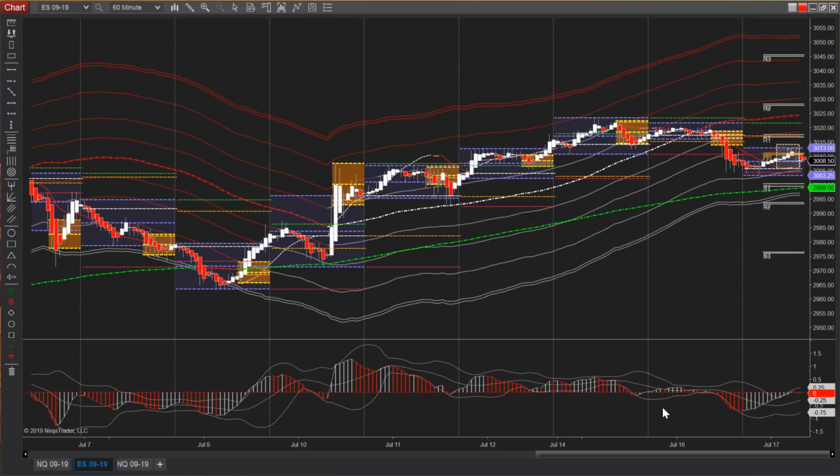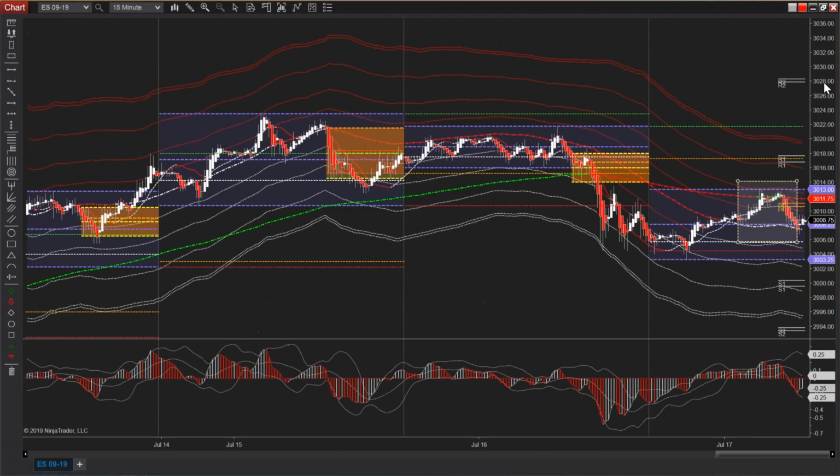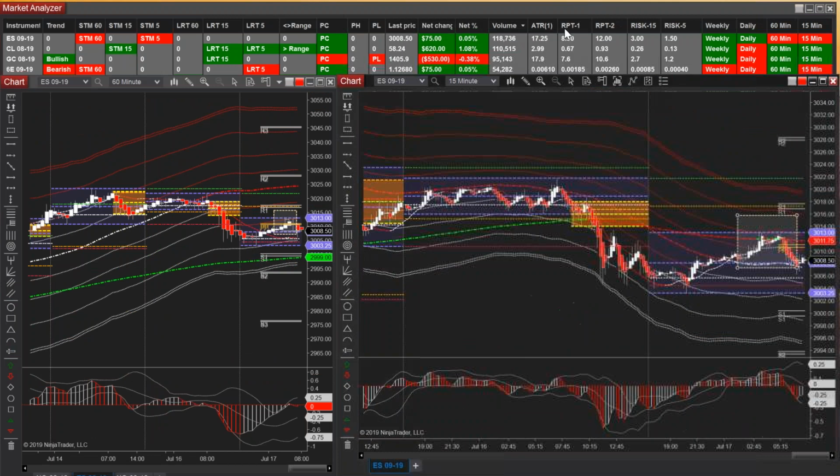And then you can take that on a lower time frame and look for the range that is representative of that first standard deviation of a 14 period and a second standard deviation. So 1 and 2 range levels. So a little bit more for the second profit target.